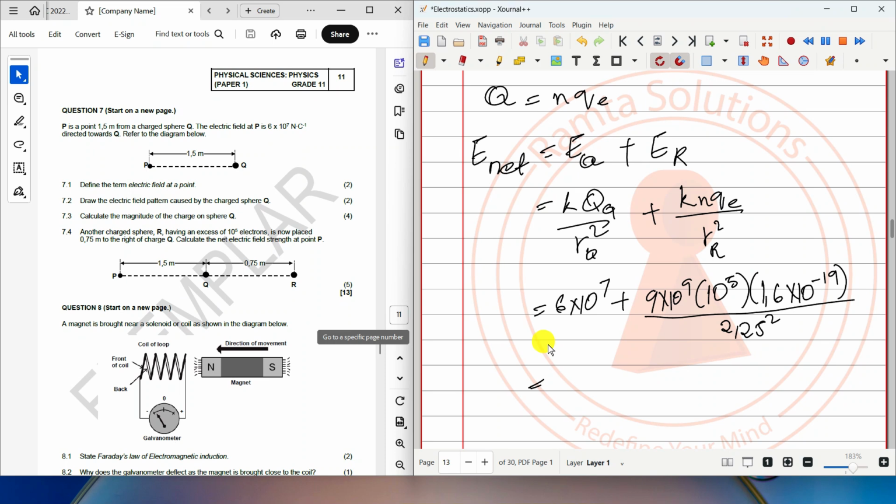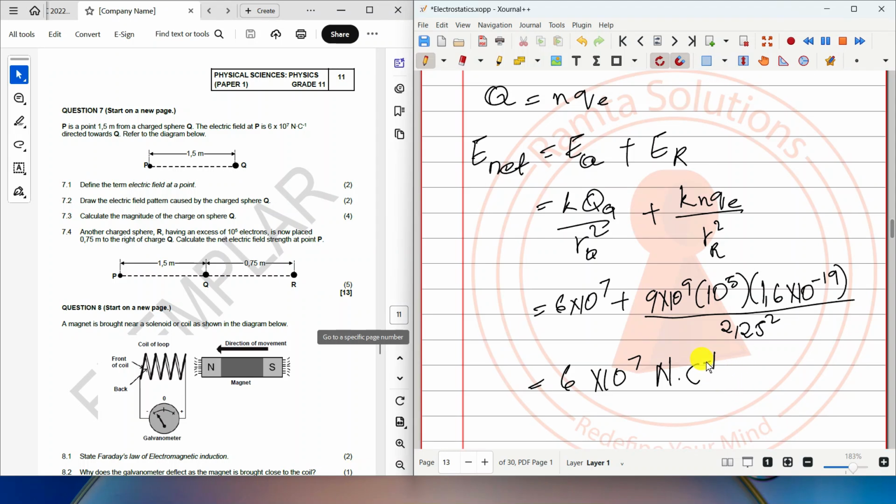What do we get? We get, let me see how many zeros. 60 million. So we get 6 times 10 to the, is it 7 zeros? Yeah, 6 times 10 to the 7 Newton per Coulomb.